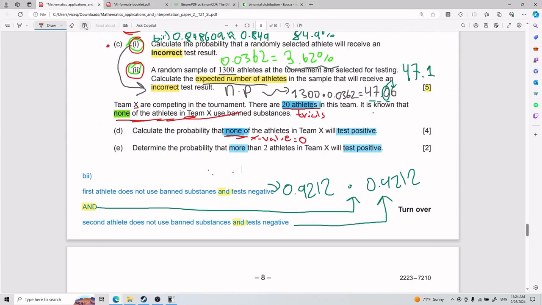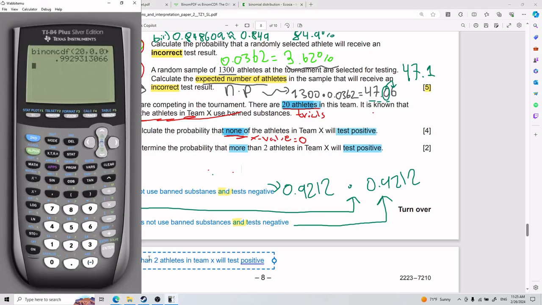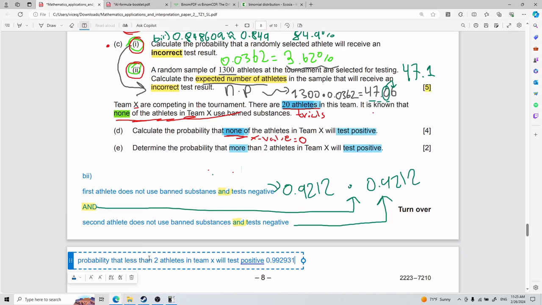So what I just found is that the probability that 2 or fewer athletes in Team X will test positive is around 0.992931. See? And so right now, what the exercise is asking for is more than, right?